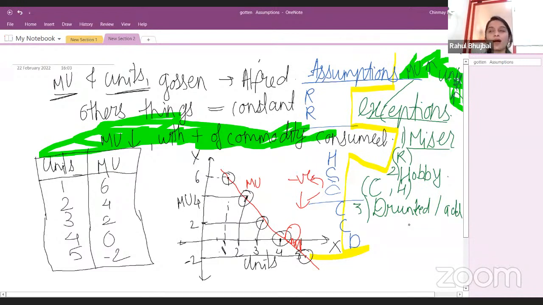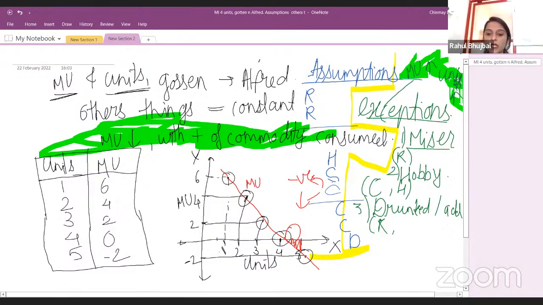Look, a person who's having a habit of drinking alcohol, every additional unit of it which he is going to have will give him more utility. So again, is it against the law of DMU? Yes. So is it an exception to the law of DMU? Yes. But what is the assumption that is not being followed over here? The assumption of rationality. Why?